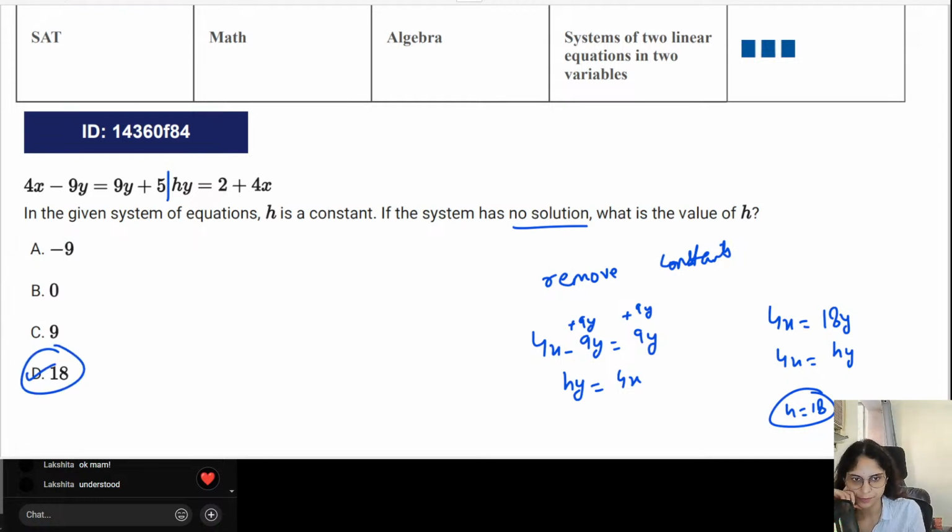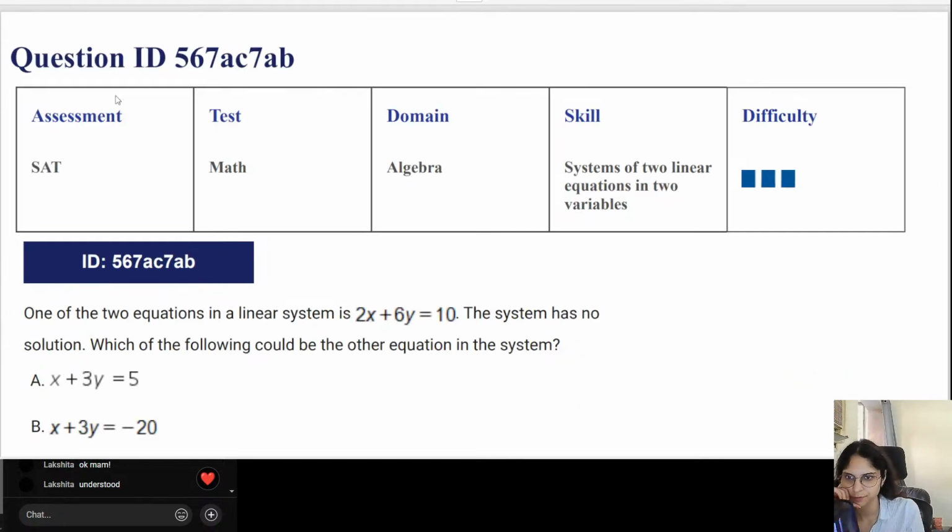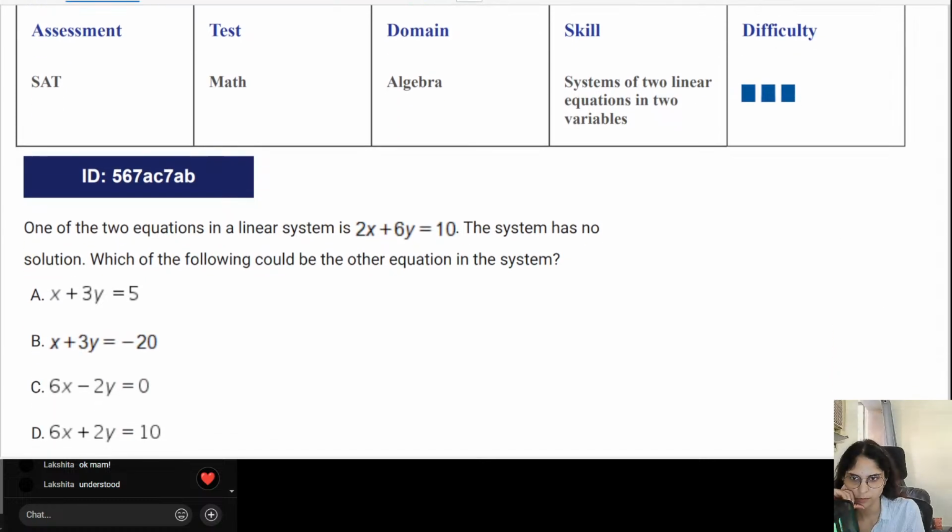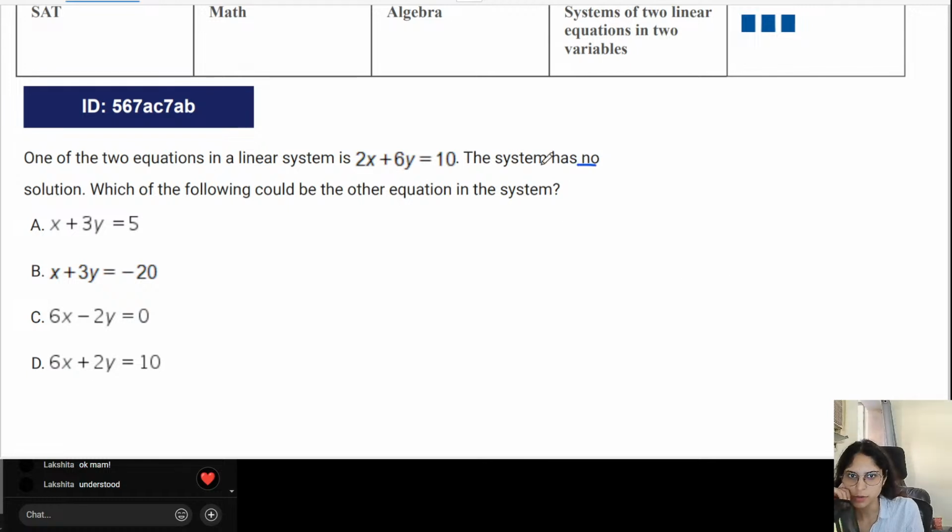Alright. Now next is 53. System has no solution. No solution means a1 over a2 should be equal to b1 over b2, but that should not be equal to c1 over c2.